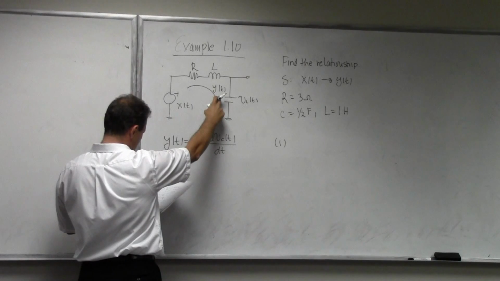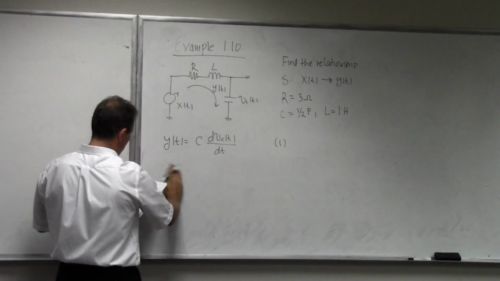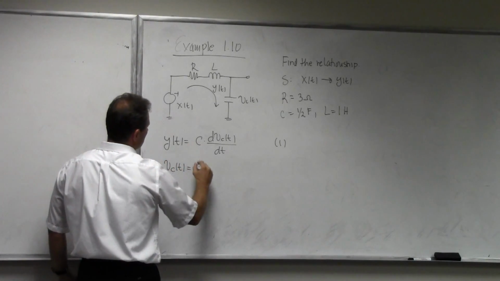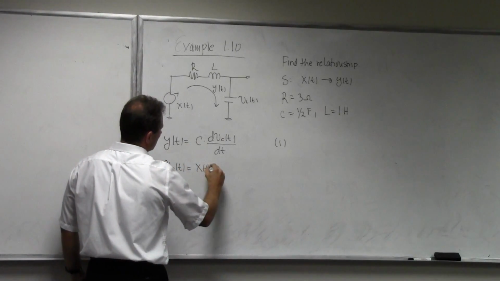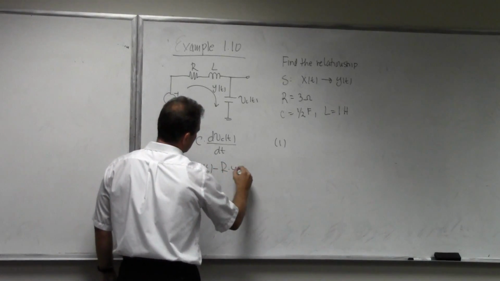So the second equation, I'm going ahead of myself, is saying that Vc of t is equal to x of t minus R times y of t.